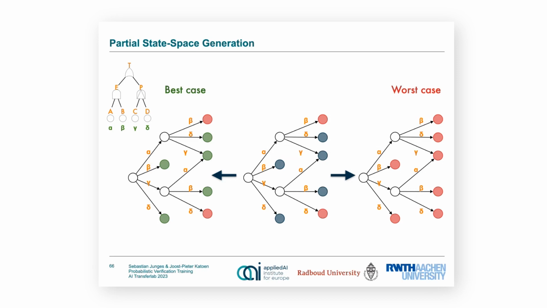Now you analyze both cases. For the best case, the failure probability could be something like 0.023. And the worst case says the failure probability is very high, almost 1, it's 0.974. This, of course, is not very satisfactory because the gap between the best case and the worst case is rather large.